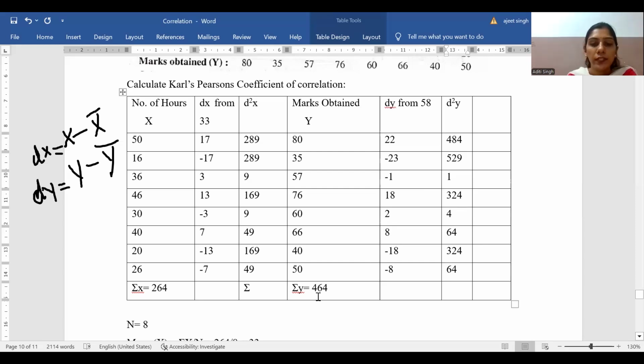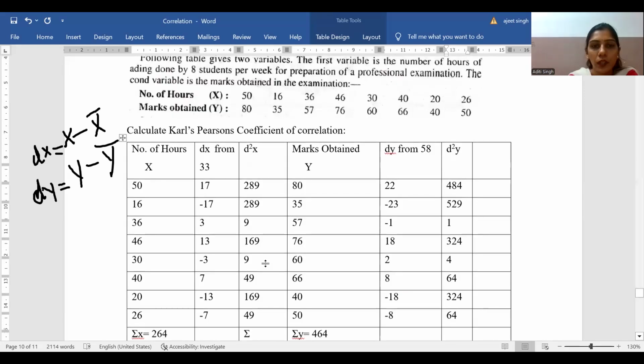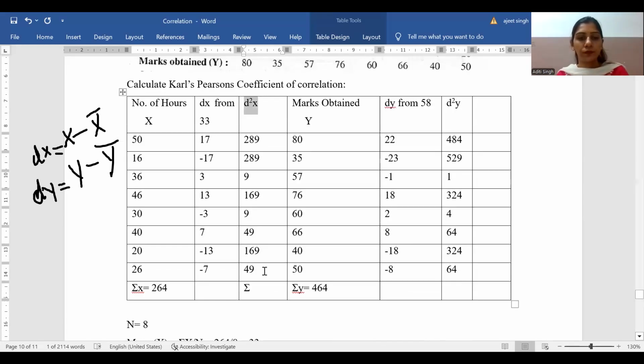Okay, so let's total the values. Sum of d square x is equal to, and we have to calculate this also.